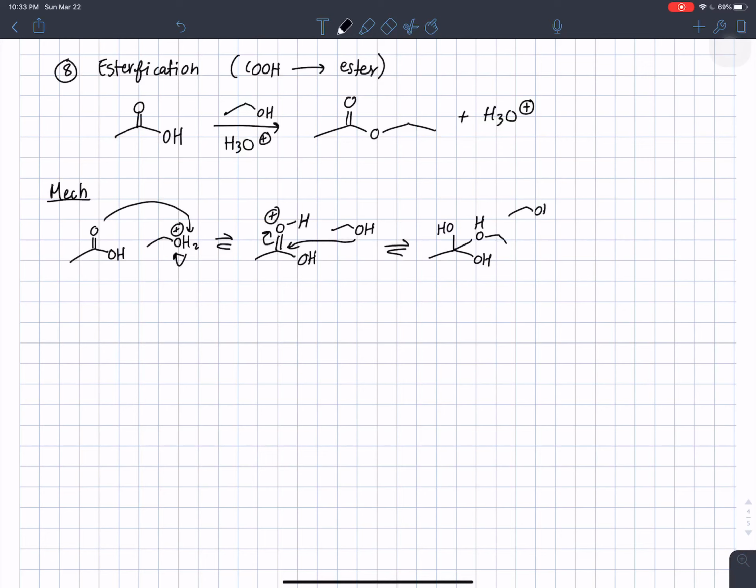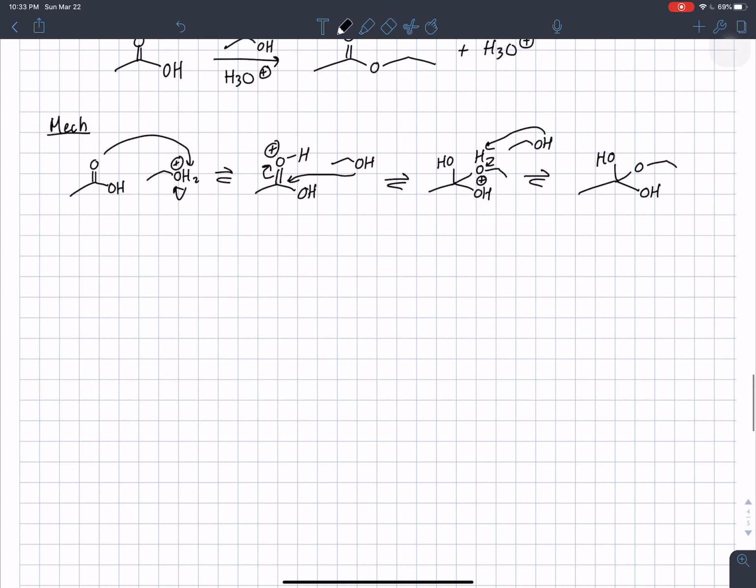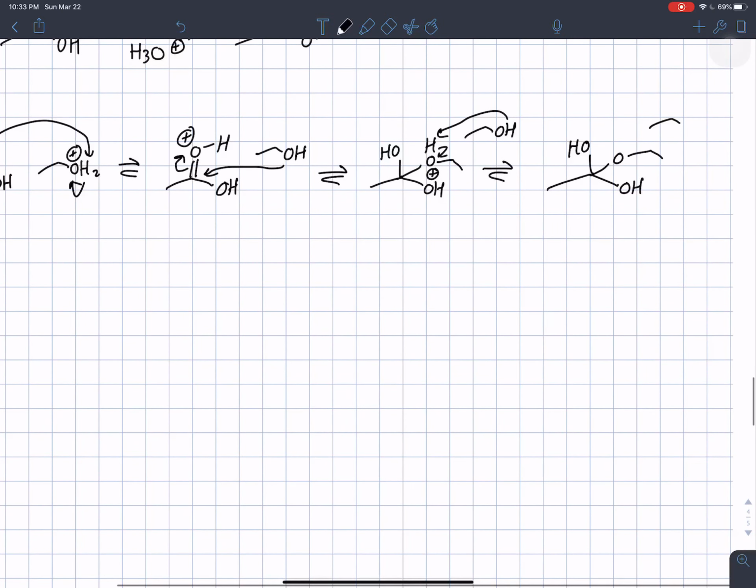Then another alcohol can take this H off. Okay, and then we want to get rid of one of the alcohols. Because we formed OH2, we can protonate this one.